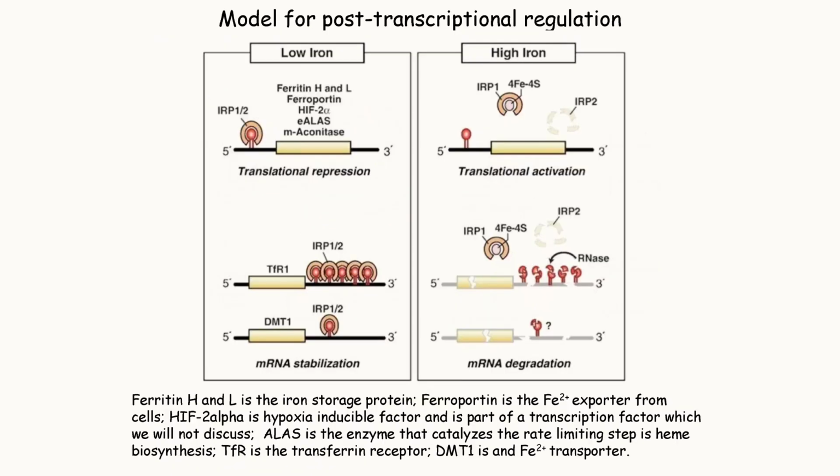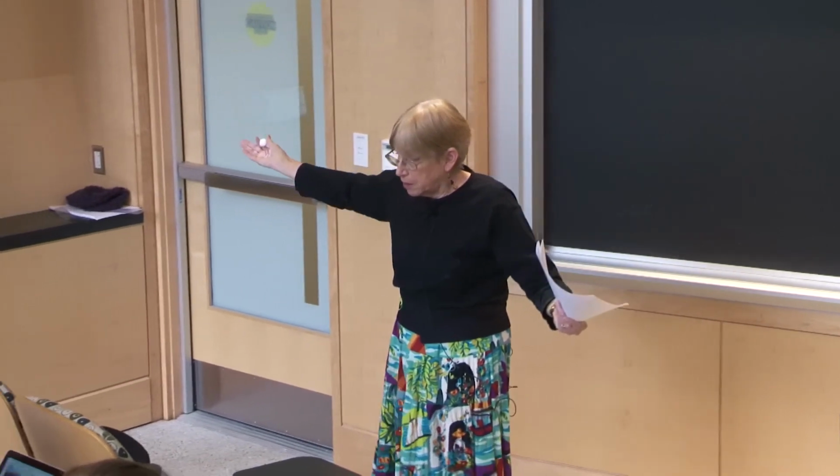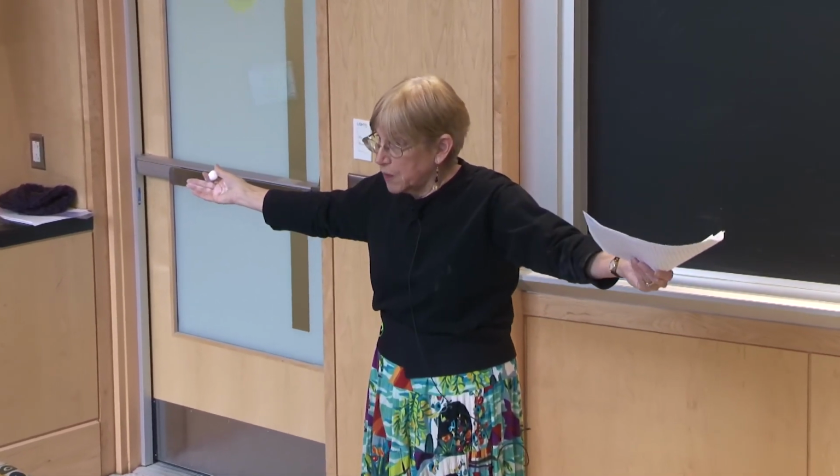And so now what I want to do is put forth the model. What is the model for how you want to turn these things off and on? We have two things. We have IREs, iron responsive elements, that can bind in front of the message to be transcribed or at the end.